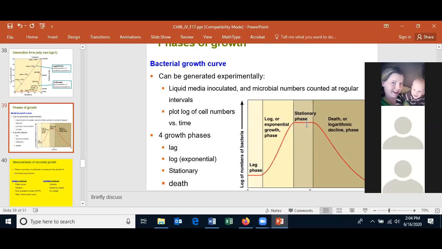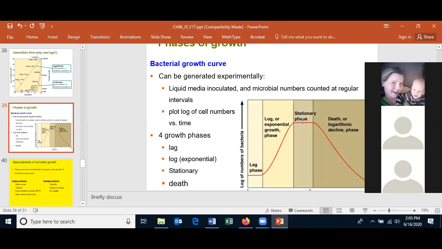And then we enter the stationary phase, where the population numbers become stationary. Some cells are growing, but it's equal to the number of cells that are dying. That's why the population becomes stationary. Any question about that?